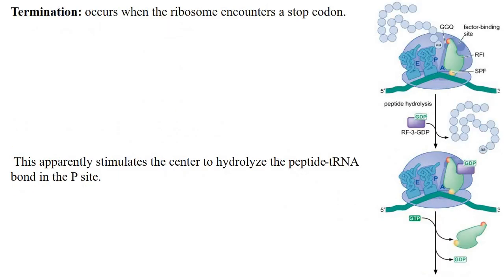Now we're going to move on to termination. Because we already talked about initiation and elongation, the next step is termination of translation. So how does the cell know when to terminate protein synthesis? In a way, you can say that the mRNA has a start site, a stop codon, and then the 3' poly-A tail.